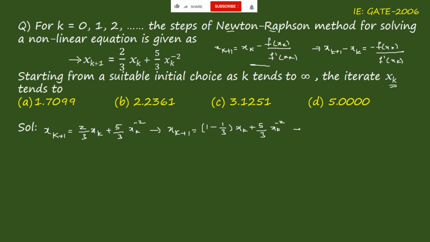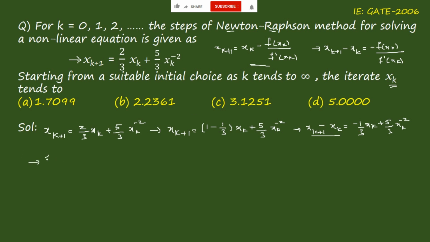So substitute the values here. Then we can write x of k plus 1 minus x of k is equal to minus 1 by 3 x of k plus 5 by 3 x of k power minus 2. This one is nothing but minus f of x of k by f dash of x of k.